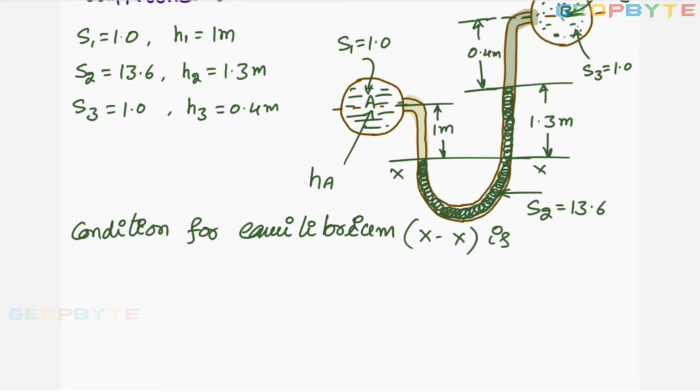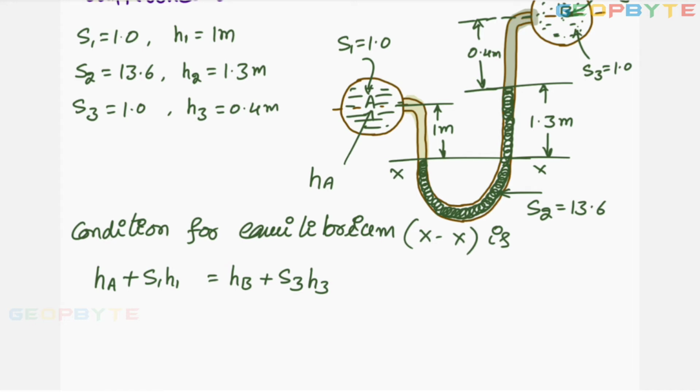Total pressure head in the left side is HA, pressure head at the center of pipe A, plus S1H1. Come to the other side, HB, pressure head in pipe B, plus S3H3. This is the common balance equation for all differential U-tube manometers.